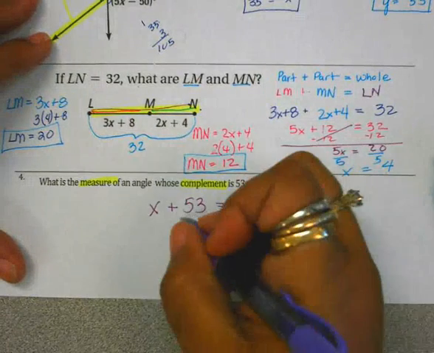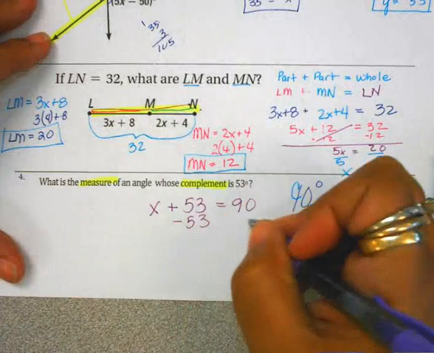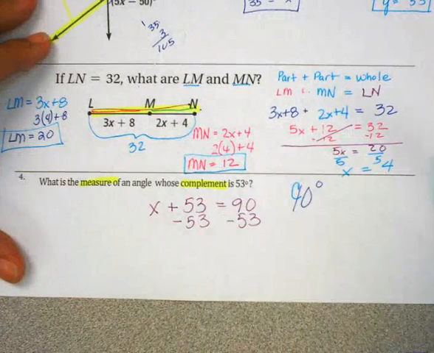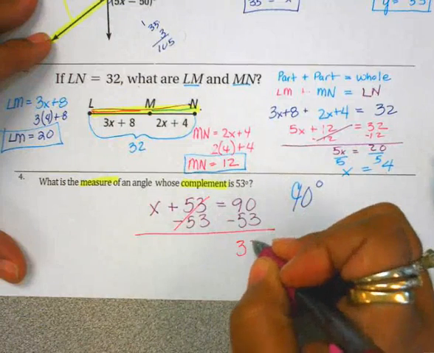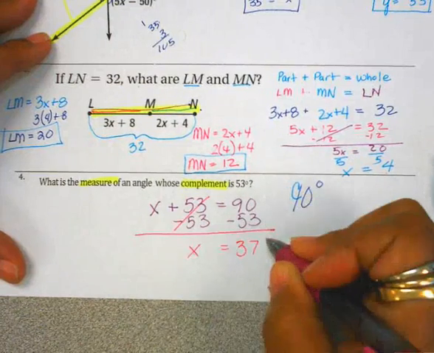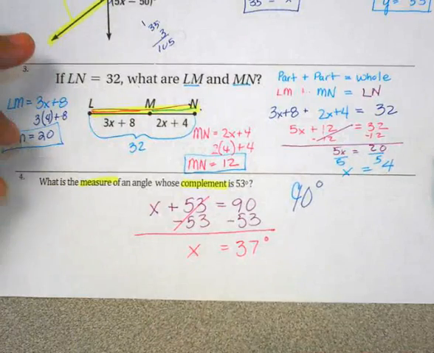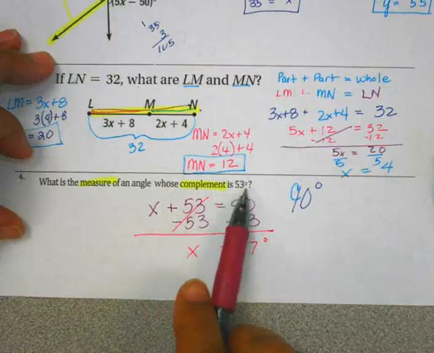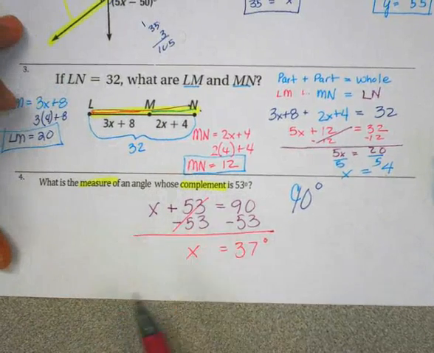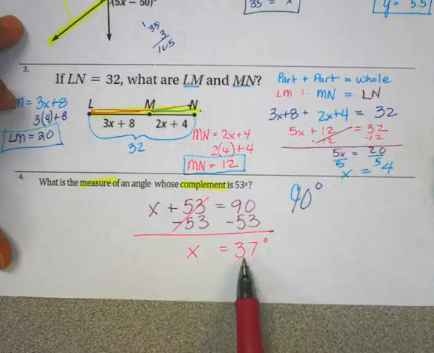So subtract 53 from each side, and we have x equals 37 degrees. Did we answer the question? What is the measure of the angle whose complement is 53? The measure of an angle whose complement is 53 is 37 degrees.